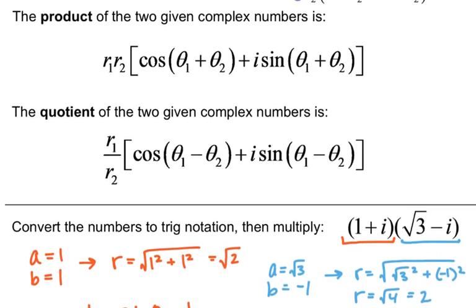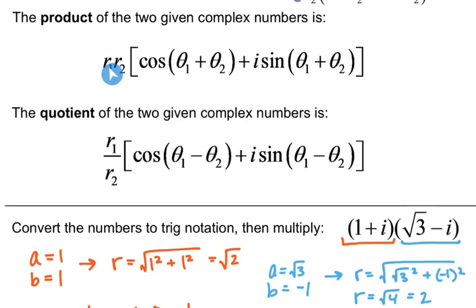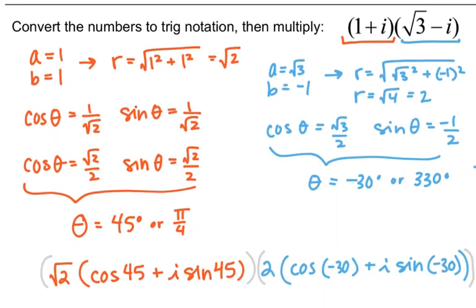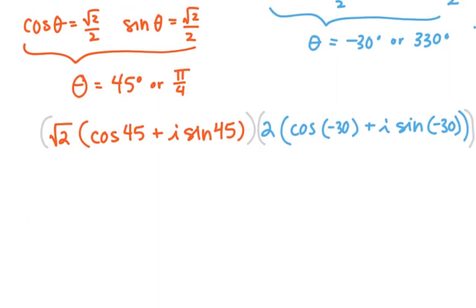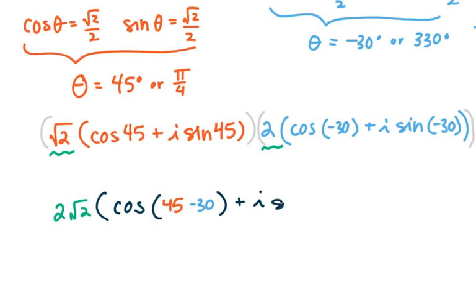Now, considering this notation, we're going to multiply the r's and add the thetas, and that's going to give us this product. So multiplying those r values, that's going to give me 2 root 2, and then I'll have cosine of 45 plus negative 30, or minus 30, plus i, and then we're going to have sine of that same value, 45 plus negative 30, or minus 30.